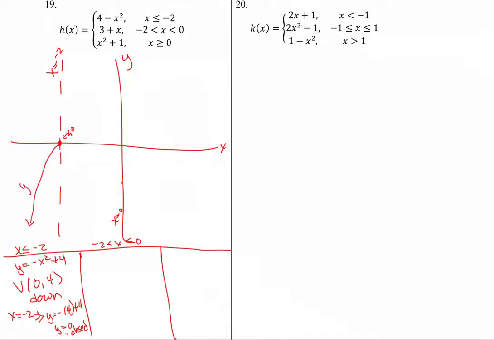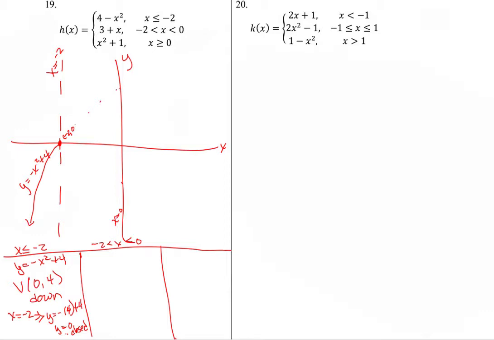So this is y equals negative x squared plus 4. Imagine that it went all the way up here, where my vertex is, but I don't care about the portion of this that would be up here. I don't care about that part.